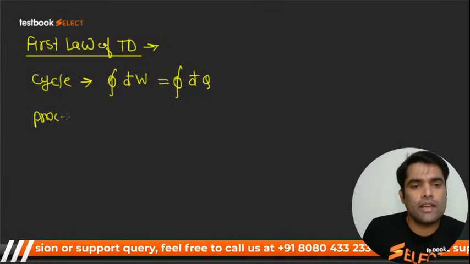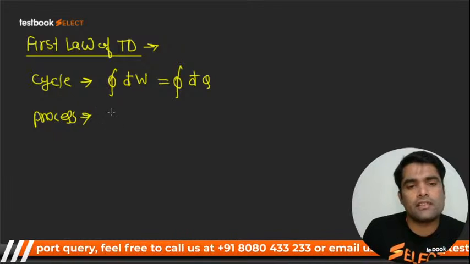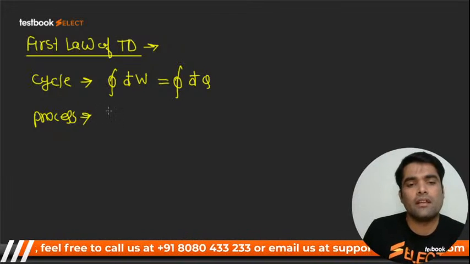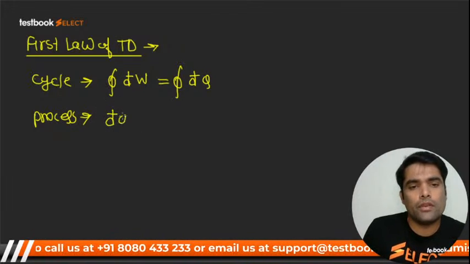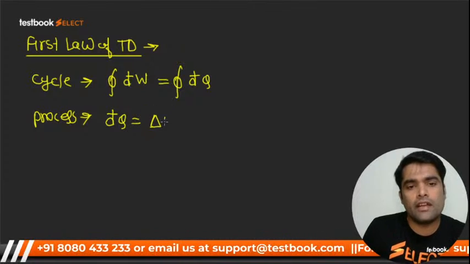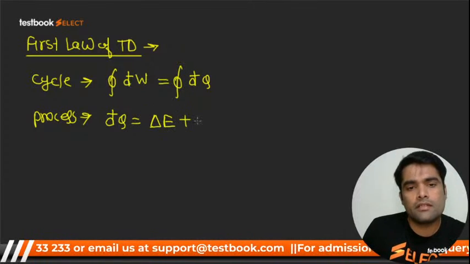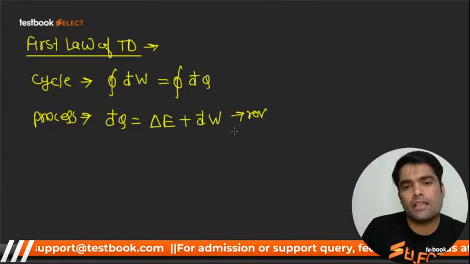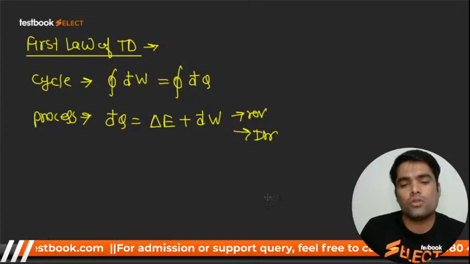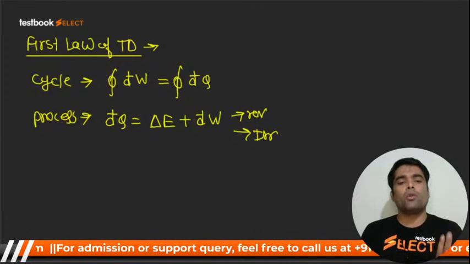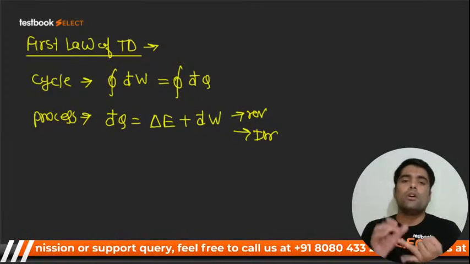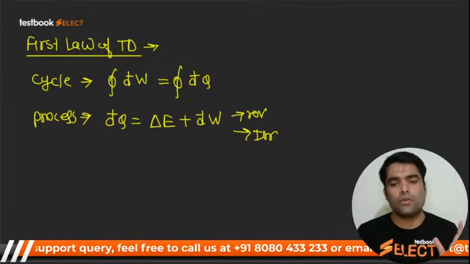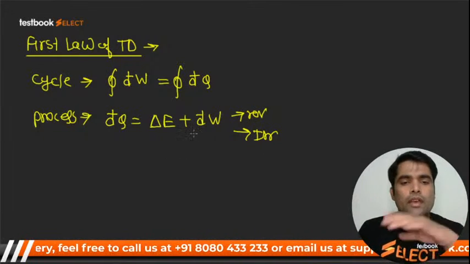For a process, dQ is equal to delta E plus delta W, and it is applicable for both reversible as well as irreversible processes. I hope you got it.